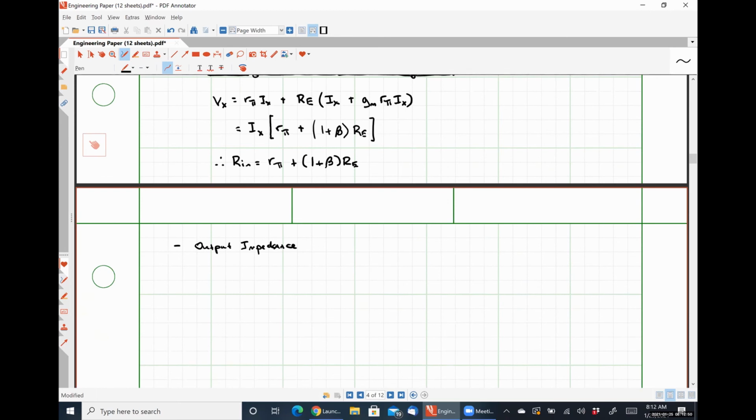All right. Starting with my small signal model. Here's R pi, here's V pi, here's GM V pi.